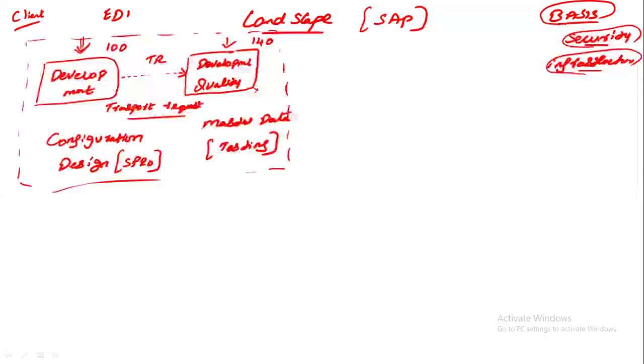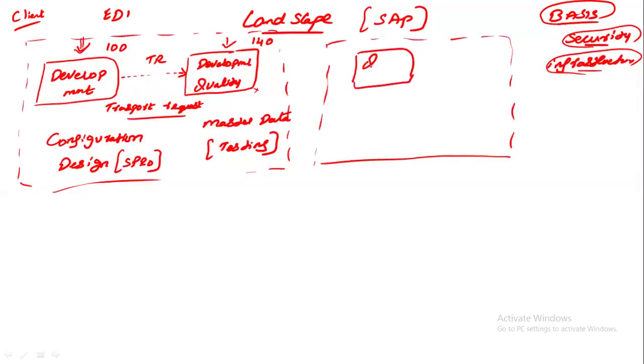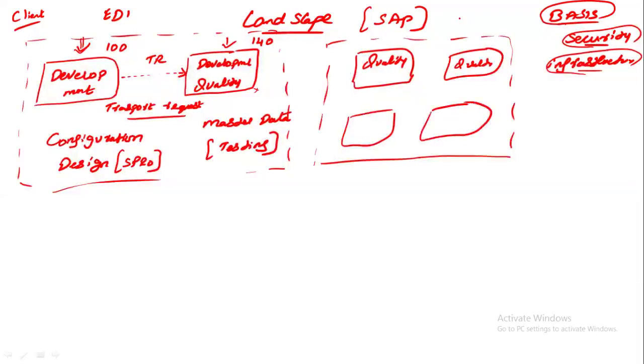Okay, so this is a system landscape. In the same way, we are going to have one more system, which we are going to call the quality. You can have n number of quality systems? No, the quality system will be only one.